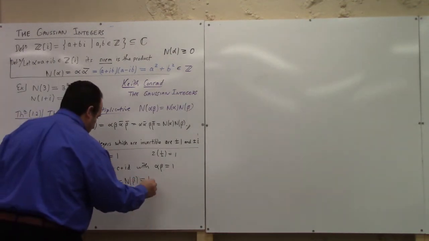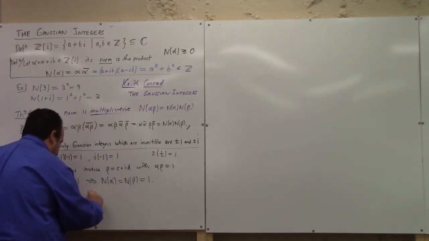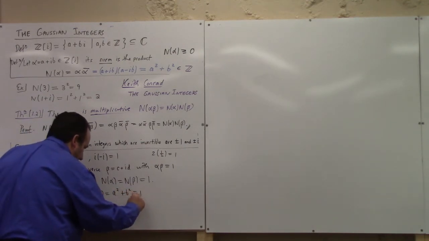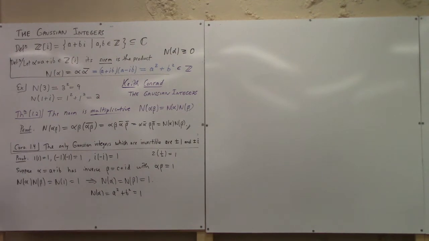Okay, so then what? Well, the norm of alpha is a squared plus b squared, right? So you have a squared plus b squared equals 1. We're taking a and b to be integers. So clearly, you cannot have a or b be 2 or beyond. That just violates the equation. Our only choice is to have one of them 0 and the other plus or minus 1, and that gives you the four things we've listed, namely 1, minus 1, i, and minus i.